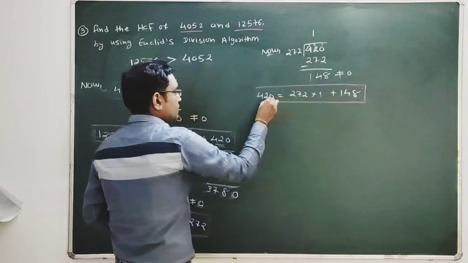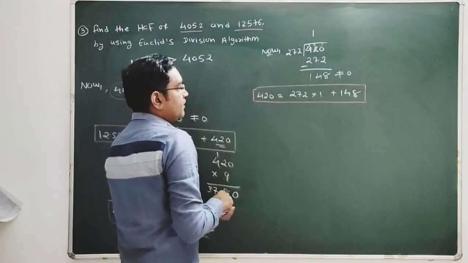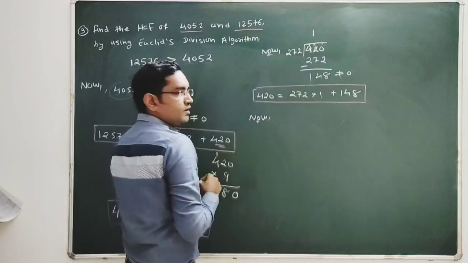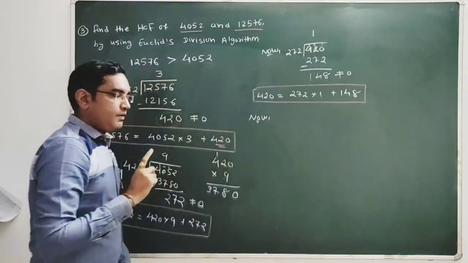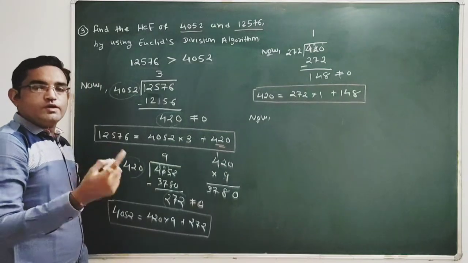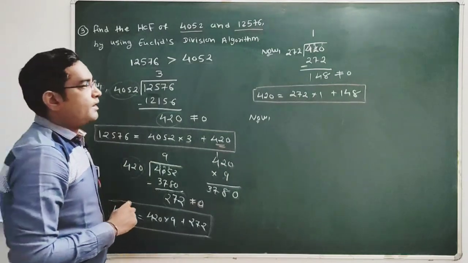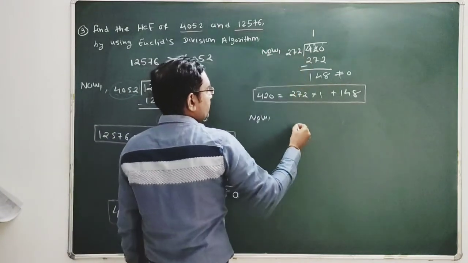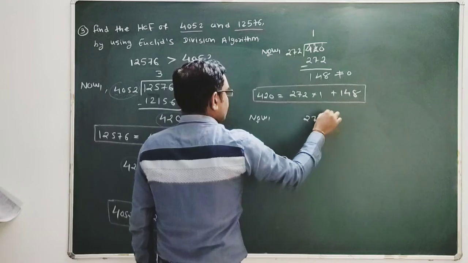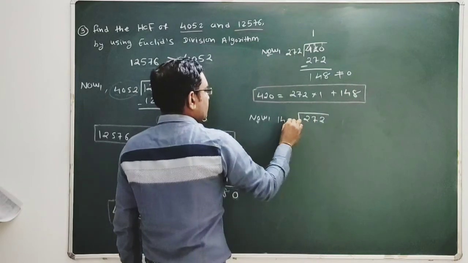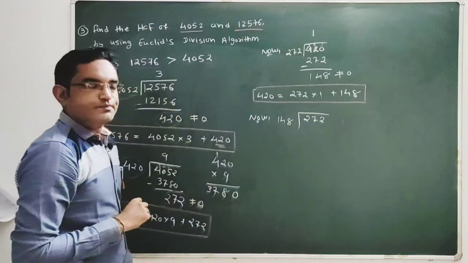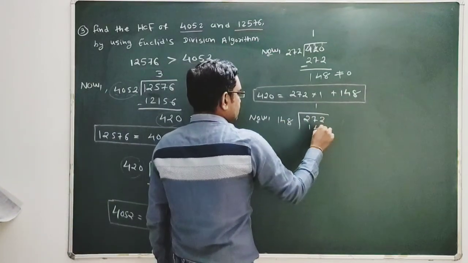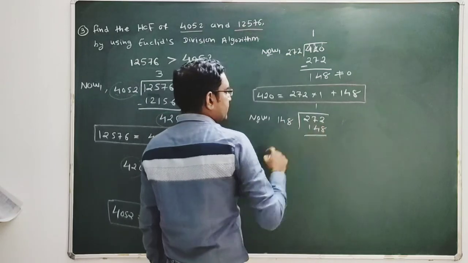The remainder is not 0. So when the remainder is not 0, again we have to apply the same Euclid's division lemma. As many times as the remainder is not 0, you have to apply Euclid's division algorithm again and find the remainder. So now we'll consider 272 as the dividend and this non-zero remainder 148 as the divisor. 148 once is 148; twice would exceed it.